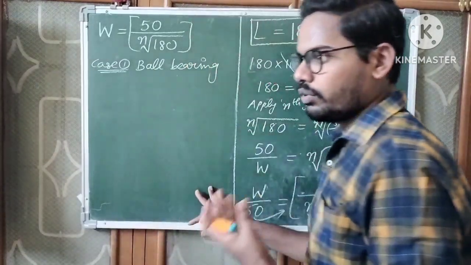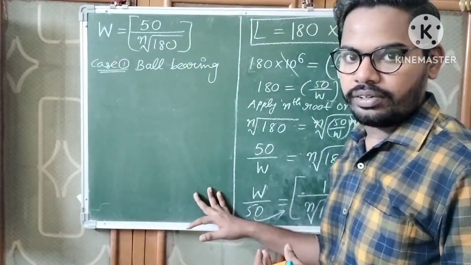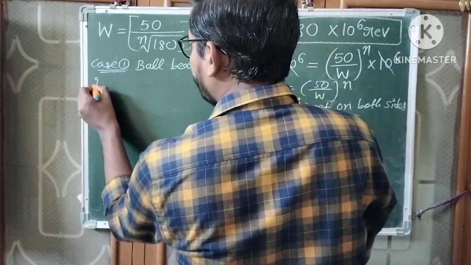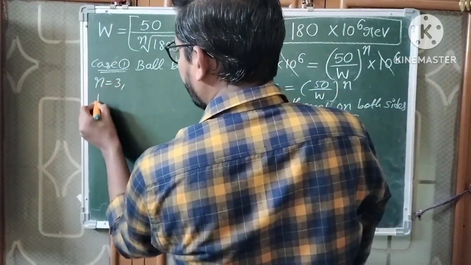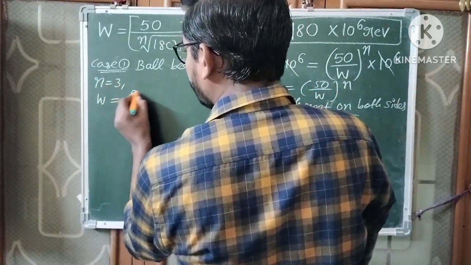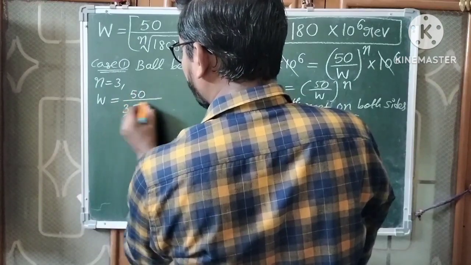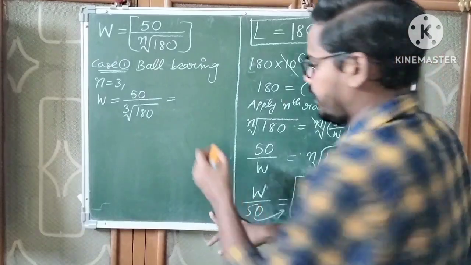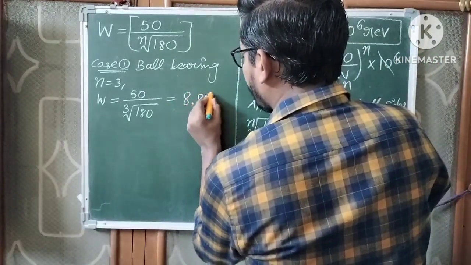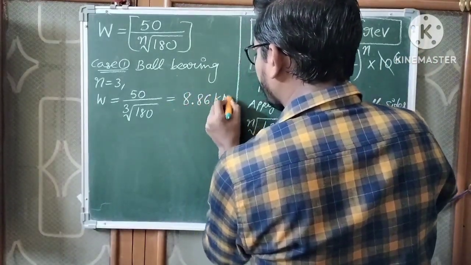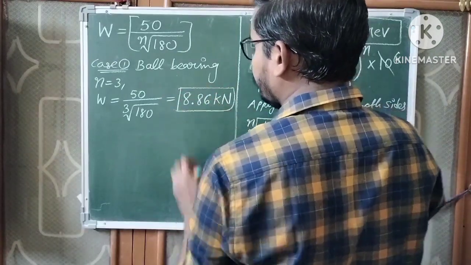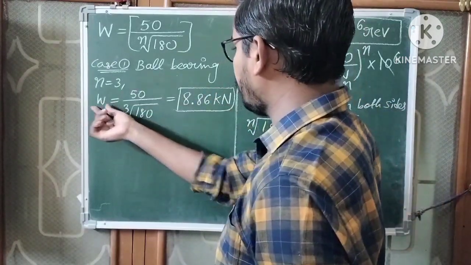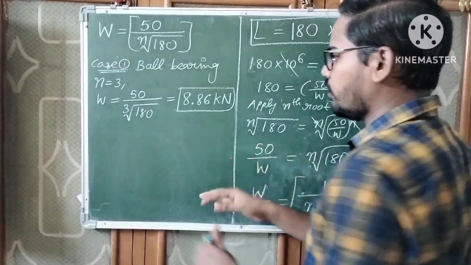Then n is equal to 3, and W, the equivalent load, is equal to 50 by the cube root of 180. If you simplify this, you will get approximately 8.86 kilonewtons.